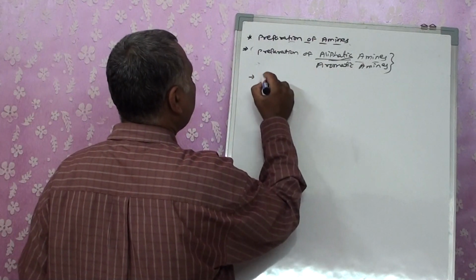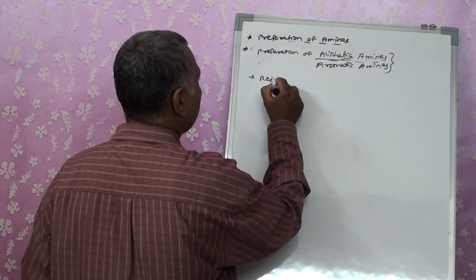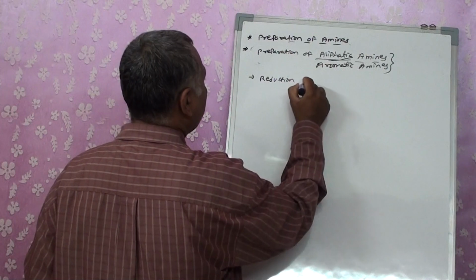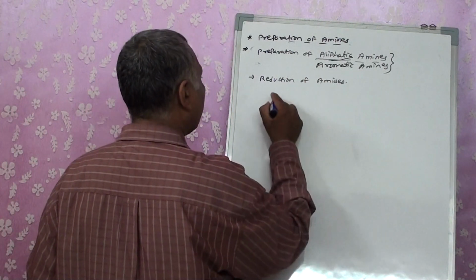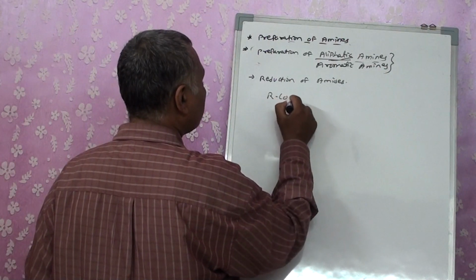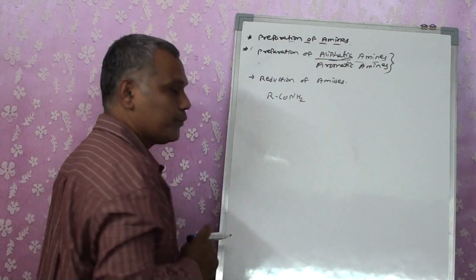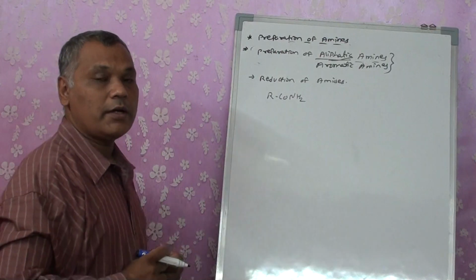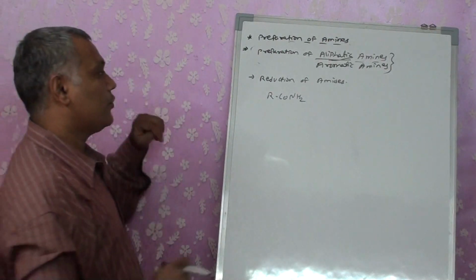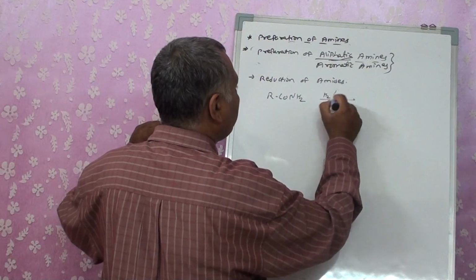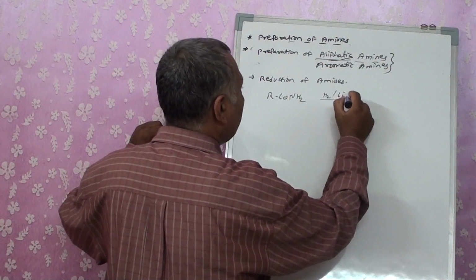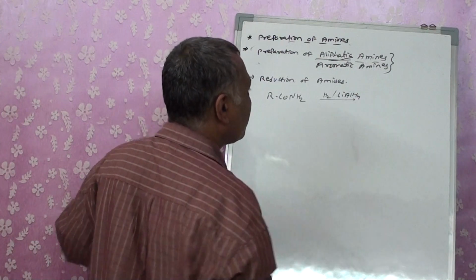The next reaction, that is reduction of amides, RCONH2. We are going to get it as RCONH2. When its reduction is done, with H2 in presence of again LiAlH4.